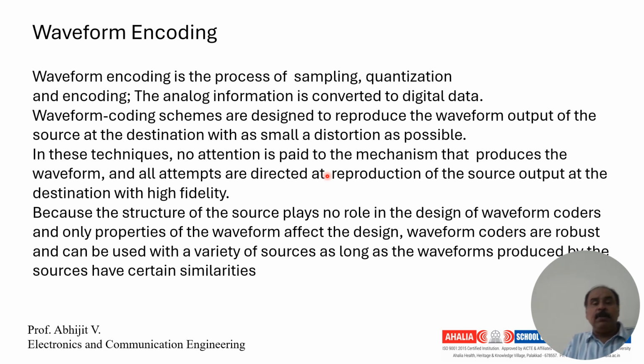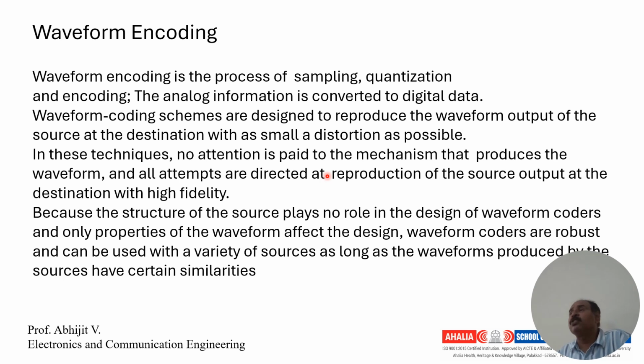The analog information is converted to digital data. Waveform coding schemes are designed to reproduce the waveform output of the source at the destination with as small a distortion as possible. So the sampled, quantized, and encoded wave is transmitted and it reaches the other end.